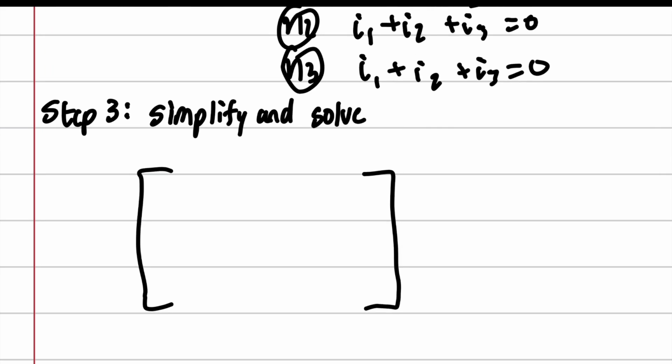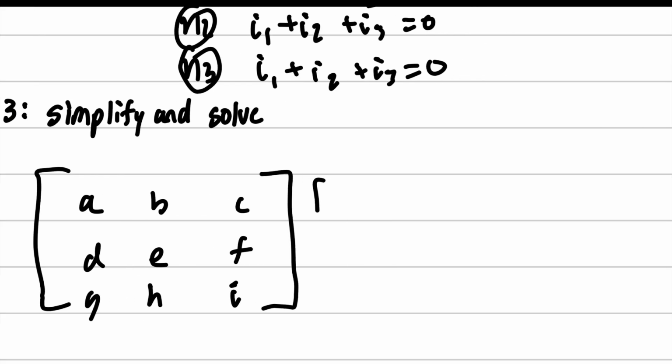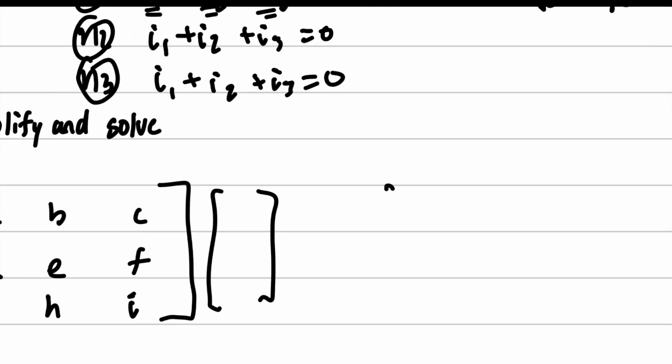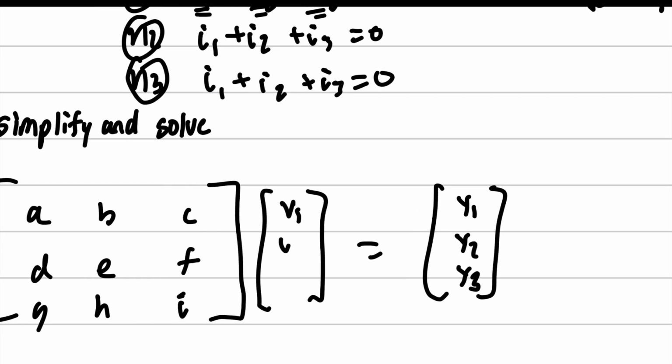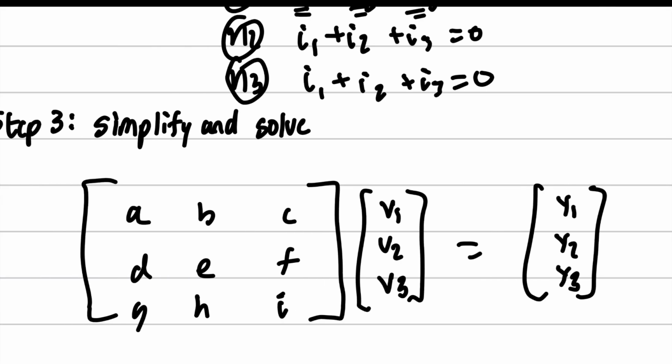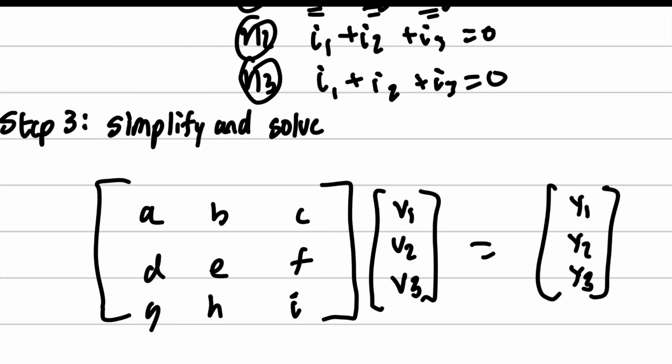So we'd have A, B, C, D, E, F, G, H, I, and we'd have some arbitrary constants, y1, y2, y3, and v1, v2, and v3, right? I would highly encourage you to use a TI-Nspire or TI-84, something that can do a linear system of equations solve, so that you can find these voltages right here, okay?